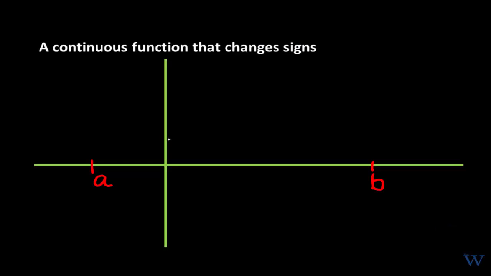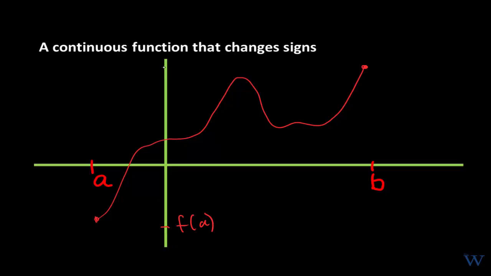Okay. So, how do we apply the intermediate value theorem, let's say, in finding a solution of a function? Okay, well, say the function looks like this. Okay, and we see that there's our f of a and there's our f of b.